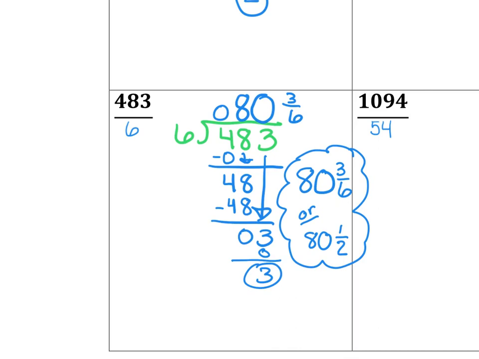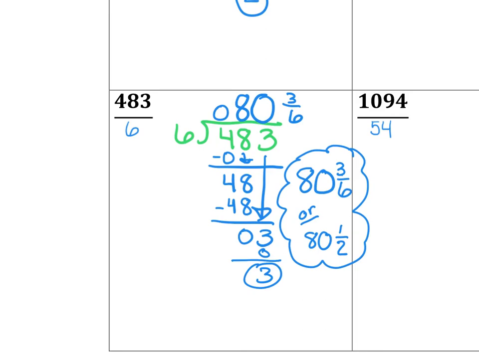When you're doing your check step, if you have simplified your fraction, you can't just add that numerator and get back to your original dividend. So keep that in mind if you do simplify. Maybe check it before you simplify. So 80 times 6 is 480, plus 3 gets me to 483, so I'm good there.